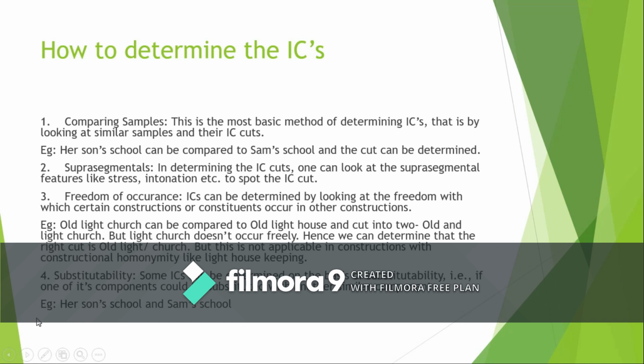And the fourth method of determining ICs is substitutability. It is very closely related to the first point. Again, we get this particular construction, her son's school, and we check if her son's can be substituted with some other element.